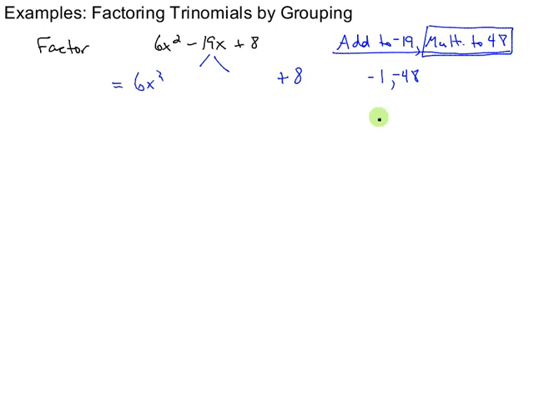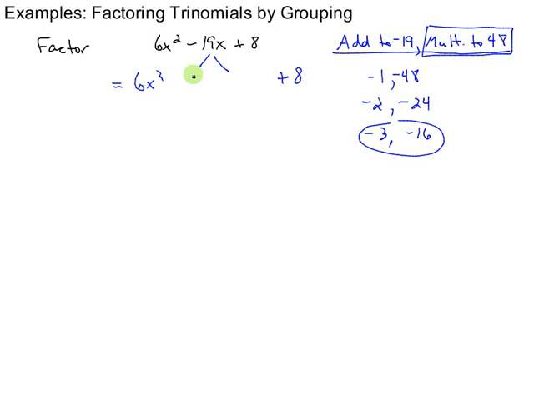Now I'll proceed down the list. The next number that goes into 48 is 2, and it goes in 24 times. So 2 times 24 is 48. Oh, let's not forget our negatives. Negative 2 plus negative 24 is negative 26, not negative 19, so those numbers don't work either. 3 goes in 16 times. Negative 3 plus negative 16 is negative 19, so we've got our pair.